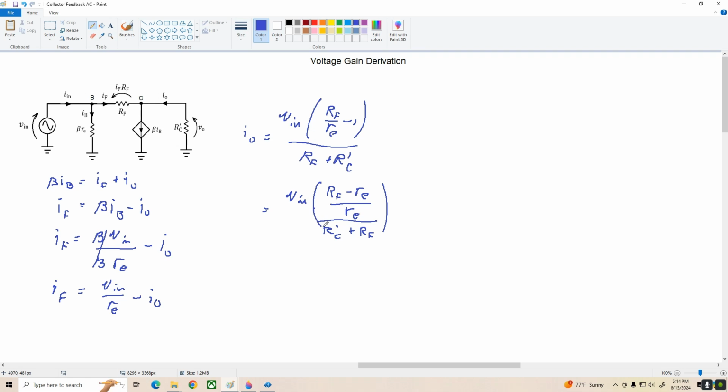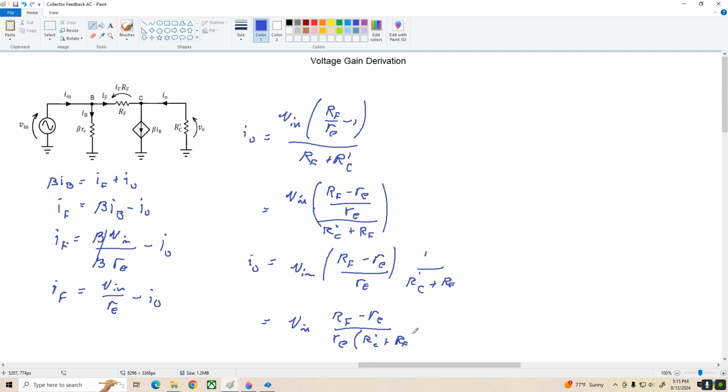And now let's multiply by the reciprocal here, and that gives us I sub O equals V in times RF minus little re divided by little re times 1 over R prime C plus RF, and that gives us V in times RF minus little re divided by little re times R prime C plus RF.